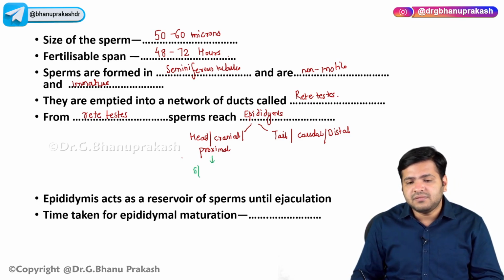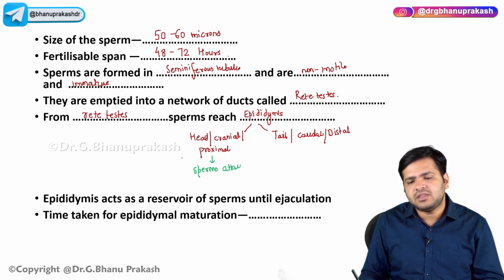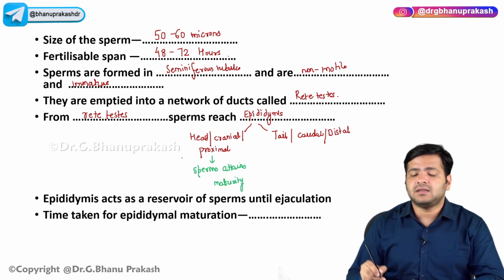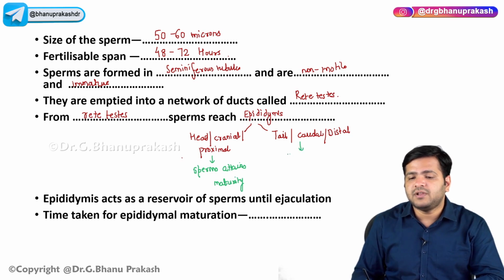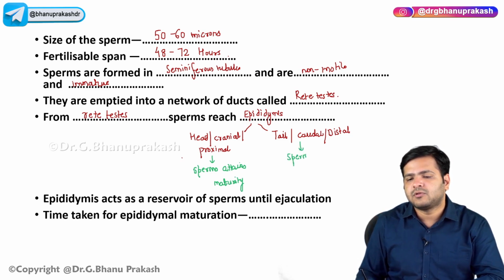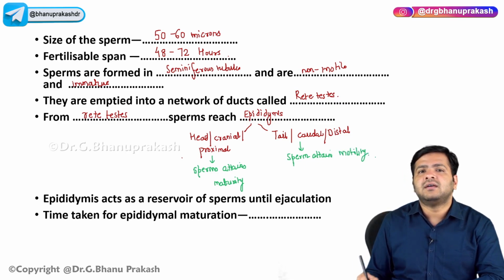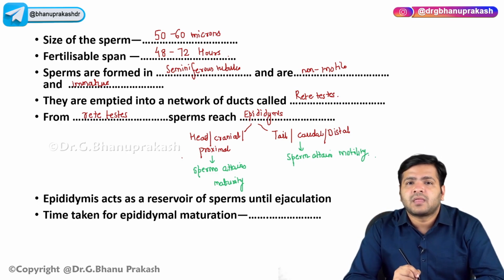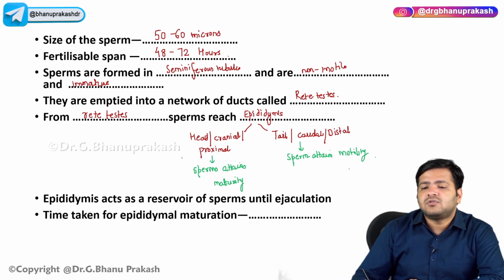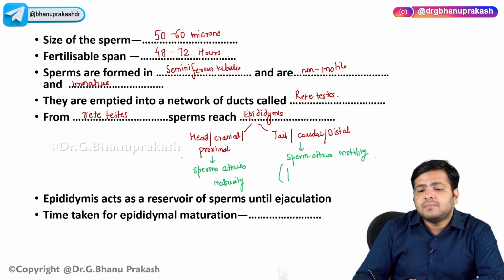So the sperms attain maturity in the head, and the tail or the caudal part is the one where the sperm will attain motility, right? Now there is a protein that you have to remember, called the beta defensin protein.